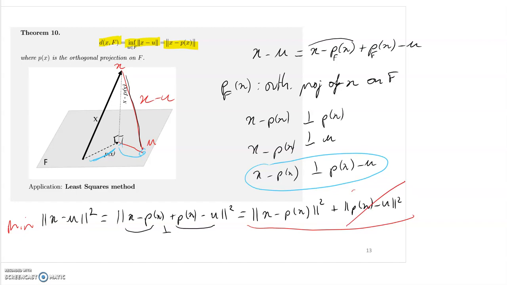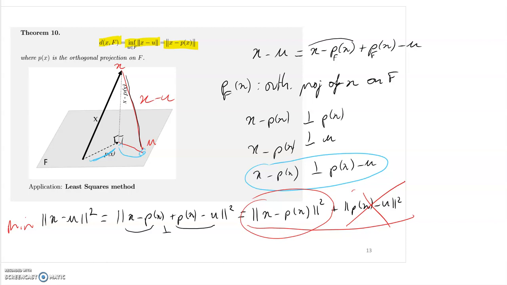As this is true for any u that belongs to F, in particular it's going to be true for u equal to p of x, and the good thing is that it cancels out these terms, and finally we get that this minimum is equal to this value. And so the orthogonal projection gives you the smallest distance between a point and a linear space, which, again, is all very intuitive. That's why we did that.